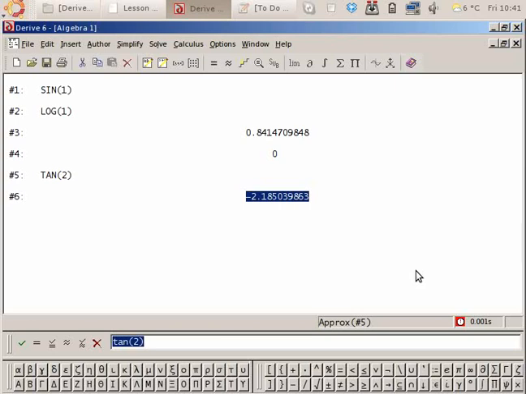If you want to get the e function in, the way to type e is you have to use the constant e. And there's 2 ways to get the constant e. One way is just by clicking the e button, which you see is right beside the pi button.